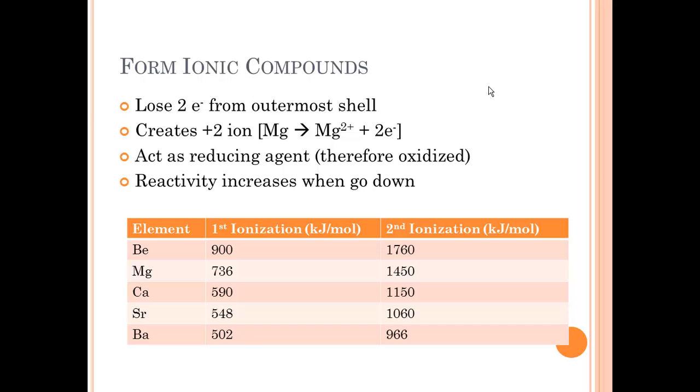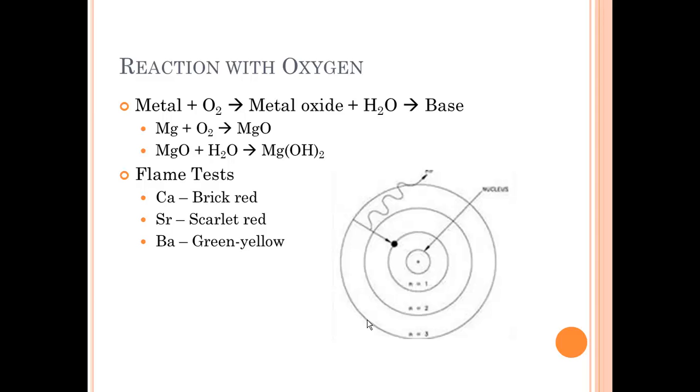The ionization energy, you can see, is going down, so it's easier to ionize from beryllium to barium. You see a big jump from the first to the second because it is tougher to remove that extra electron from an ion. But again, they all decrease as you go down.